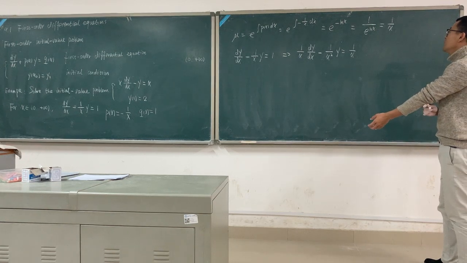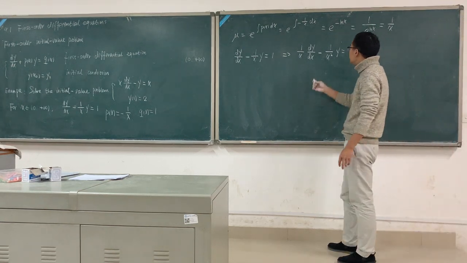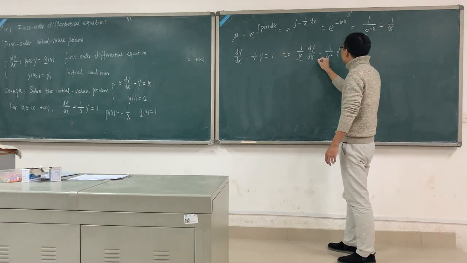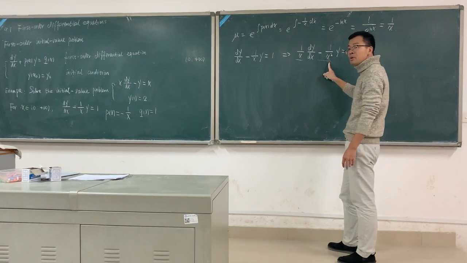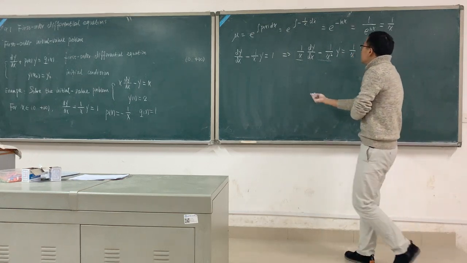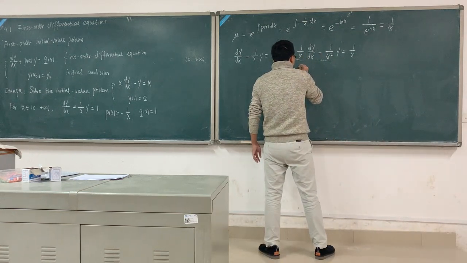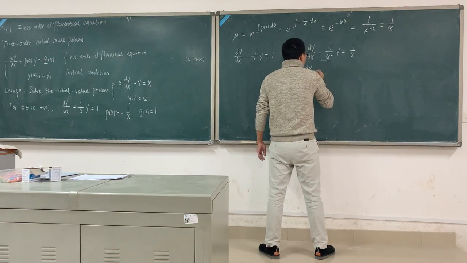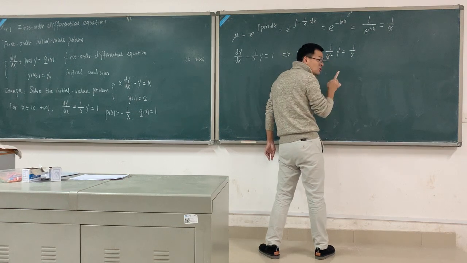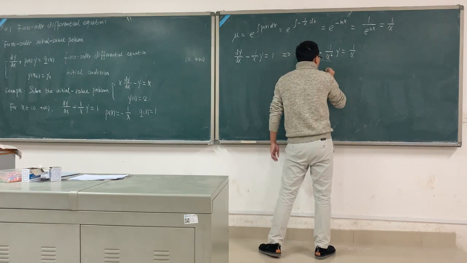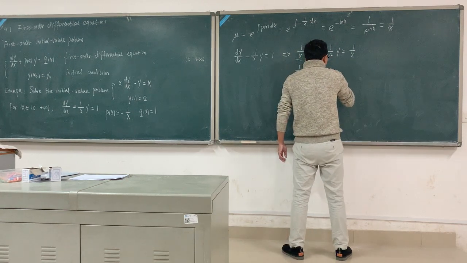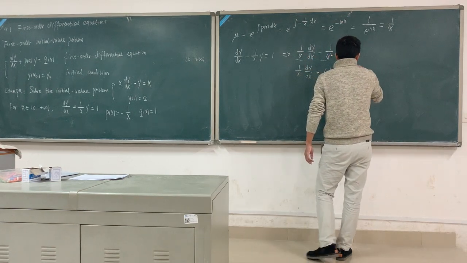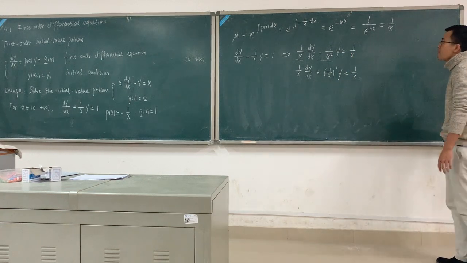So now we can see this is mu, and minus 1/x squared is actually the derivative of 1/x. So the derivative of 1/x times y equals 1/x.